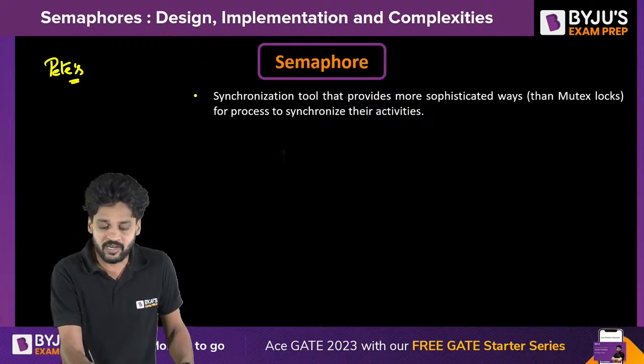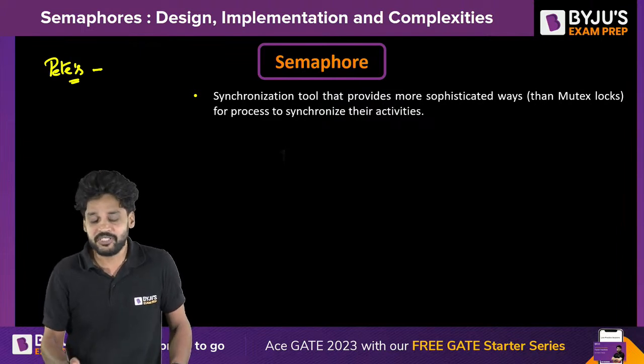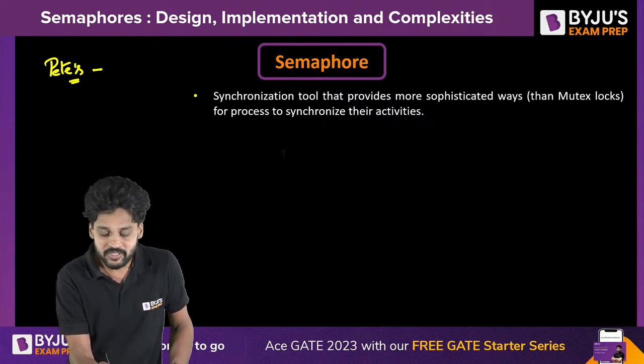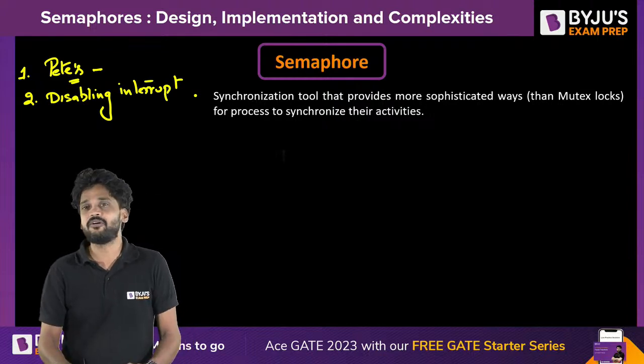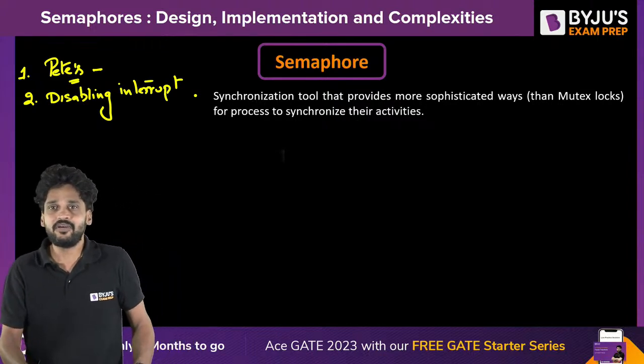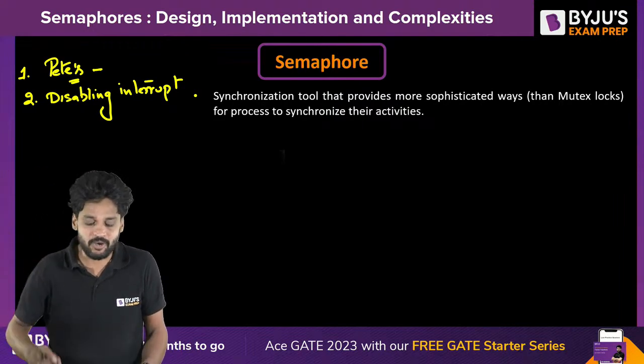Then we analyzed one more way to protect the critical section, that is disabling the interrupts. Of course, disabling interrupts also works pretty fine, but when it comes to a multi-processor system, you cannot implement disabling the interrupts at all.